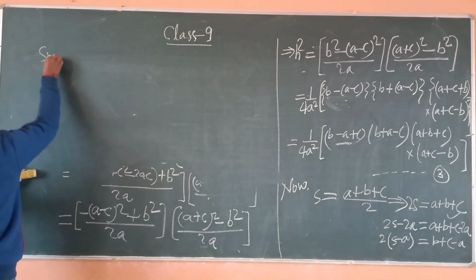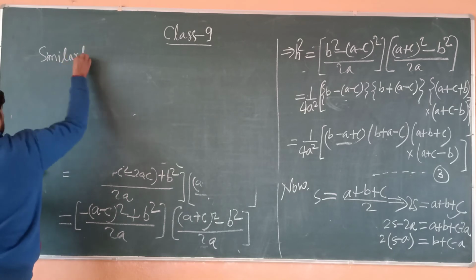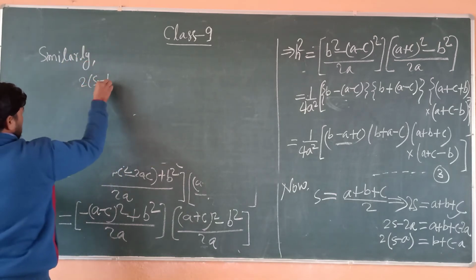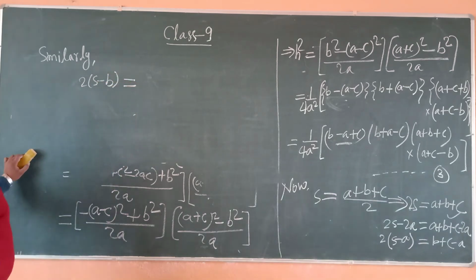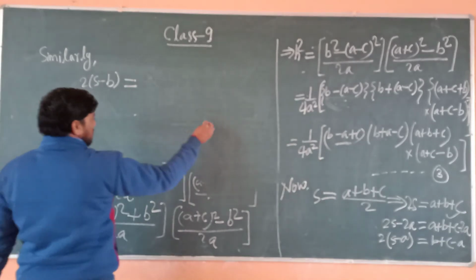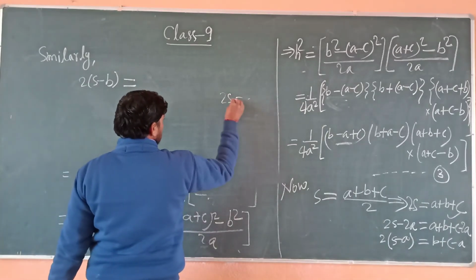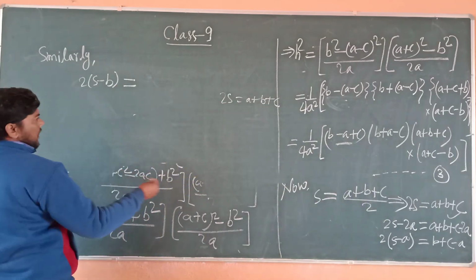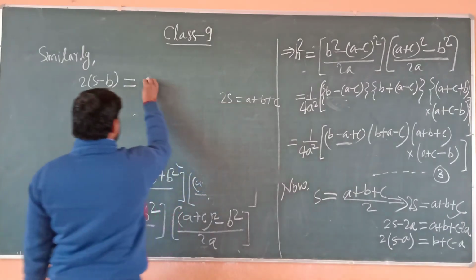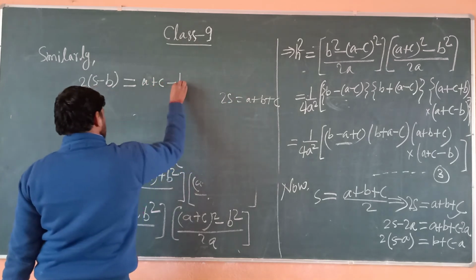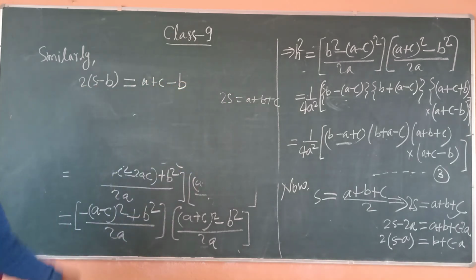Similarly, 2 into s minus b is equal to, since 2s is equal to a plus b plus c, a plus c minus b.